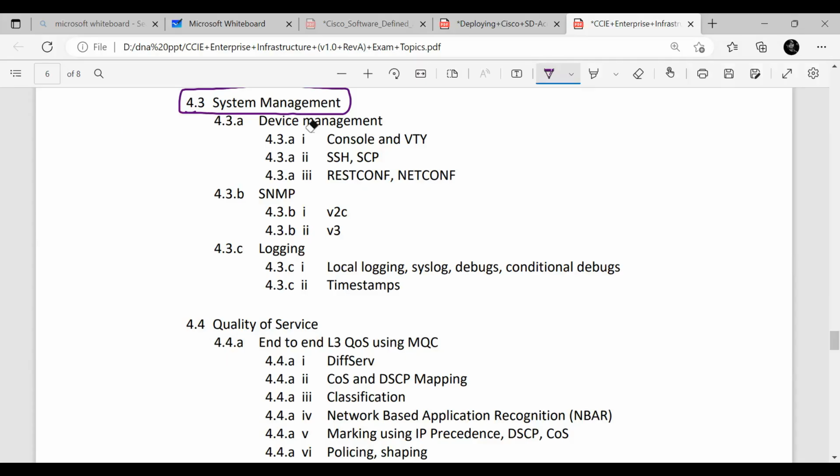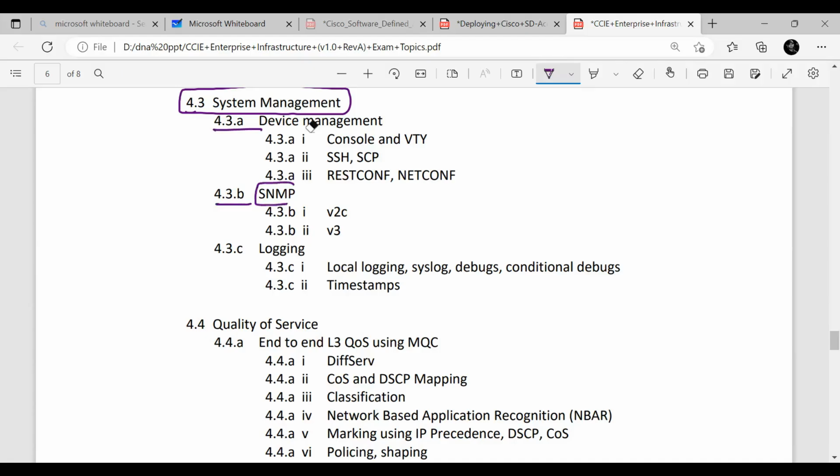These topics are also very, very important for a network. Device management: console and VTY, SSH, SCP, RESTCONF, NETCONF. There was no such thing as NETCONF or RESTCONF before 2020. But now you have to deal with these two protocols also. What is NETCONF and what is RESTCONF?